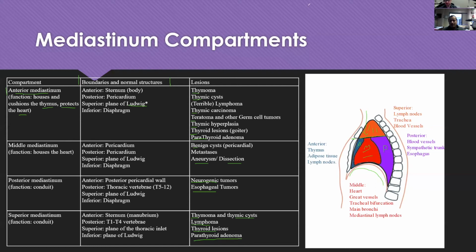I really think, like you said, posterior, your first thought should be a neurogenic tumor of some kind. Schwannoma, ganglioneuroma, malignant peripheral nerve sheath tumor. Tarlov cysts, which are also neural. So those things would be posterior mediastinum. Yeah, definitely. Okay, so clear that, and then let's move on to the next.